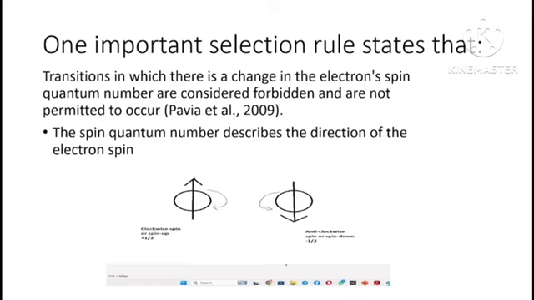And I hope by now you understand why. Let's say this electron is pointing upwards like this and it makes the jump to the higher energy level; it is not supposed to change and point down this way. No. It was spinning on a clockwise rotation over here, and once it jumps to a higher energy level, it's supposed to maintain that same manner of rotation and point upwards. So if it was this and it jumps and becomes this, that kind of transition is forbidden. That's what we are trying to talk about over here.